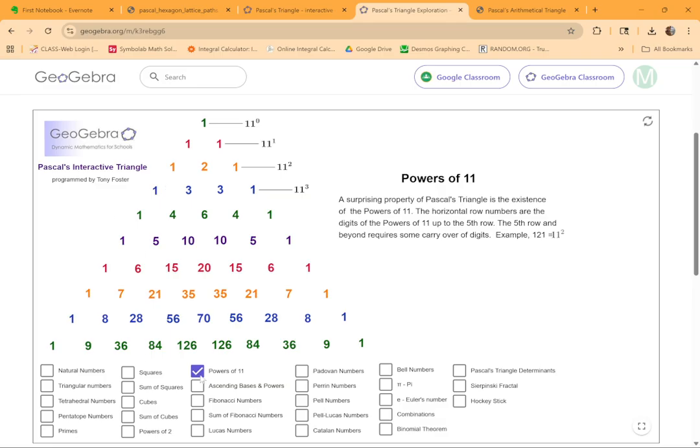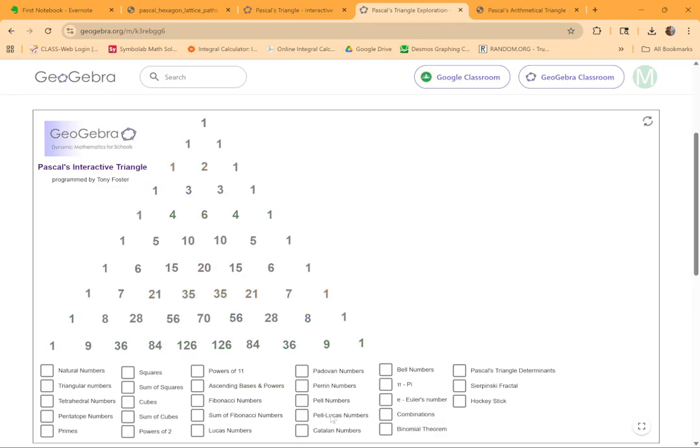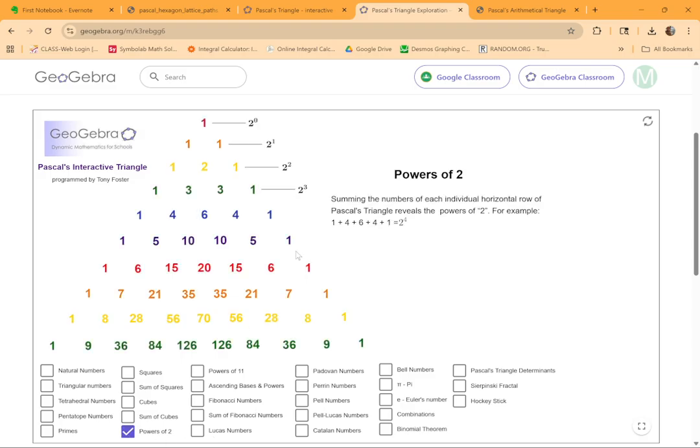Another interesting one is the powers of 2. This one works indefinitely, as far as we go. All you have to do is sum up the row, and that gives you the power of 2, again always starting counting at 0.